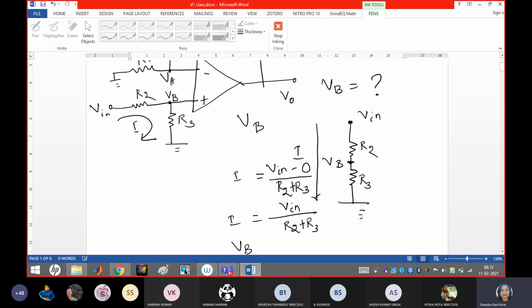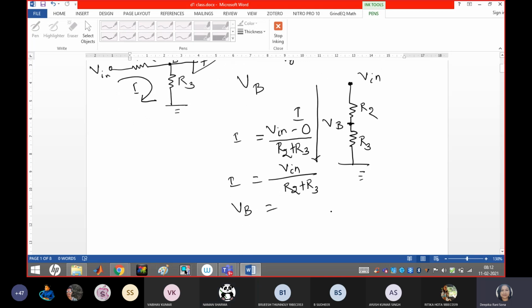Now the question is VB means V equal to IR, right? I times R3. So what is I we got here? V equal to IR, right? I is V in by R2 plus R3. That's the thing I wanted to tell you.